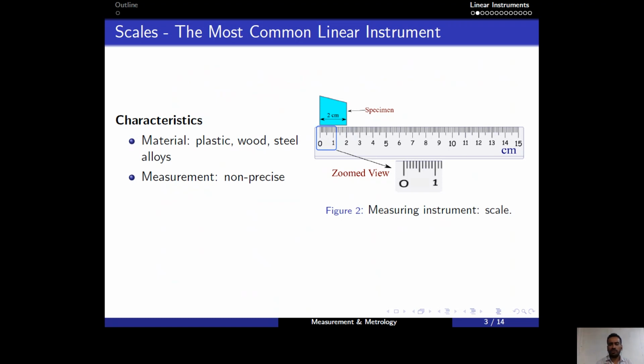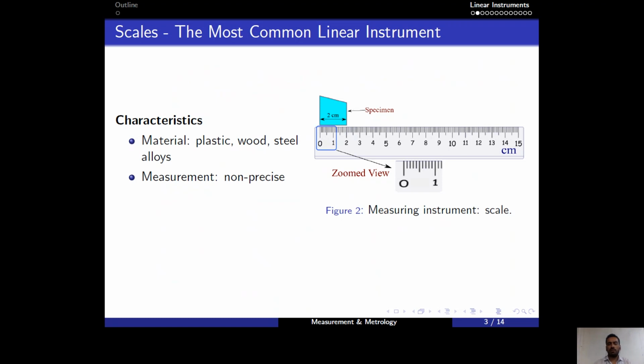If 10 divisions is equal to 10 mm, how much would be 1 division? 1 division is equal to 10 mm divided by 10, which is equal to 1 mm. So how much minimum can I measure using this scale? It is equal to 1 mm. So this is what it is all about least count.